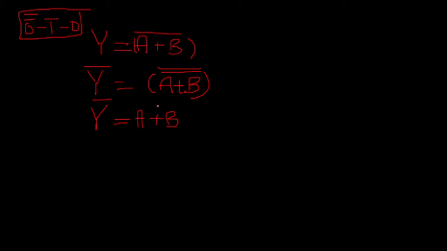If it is in terms of y and on the right hand side it is whole bar, then you can make that y as y bar and then apply the whole bar to the equation, and then it will become y bar, which is equal to a plus b. Now I told you that y bar is the output for what? It is the output for pull down network.